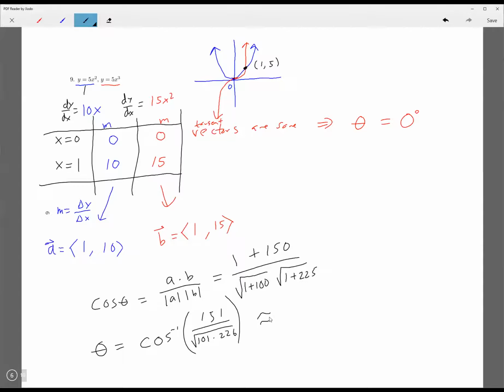So 151 divided by the square root. Man, this is weird. This is really weird. I get 1.897.